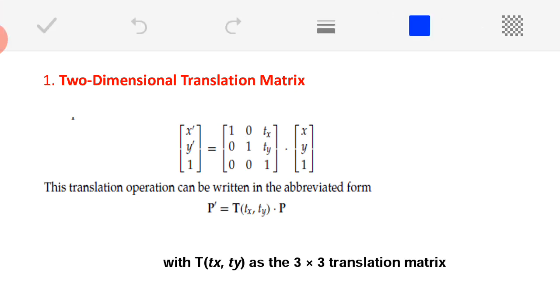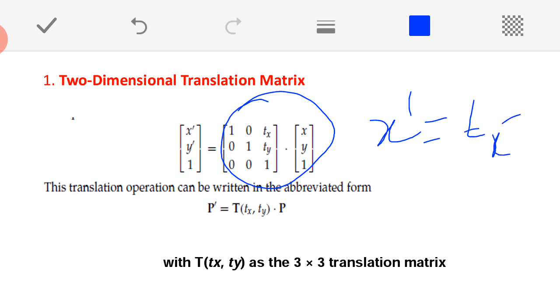You can observe here that earlier my translation was done with addition, and now it has been converted to multiplication. If you multiply this matrix, you still get the same equations. You can check: x dash equals t x plus x and y dash equals t y plus y.